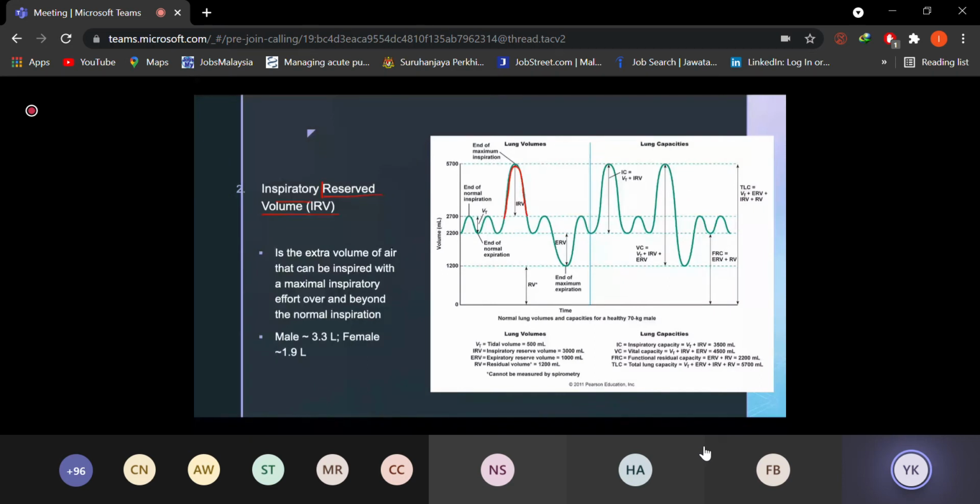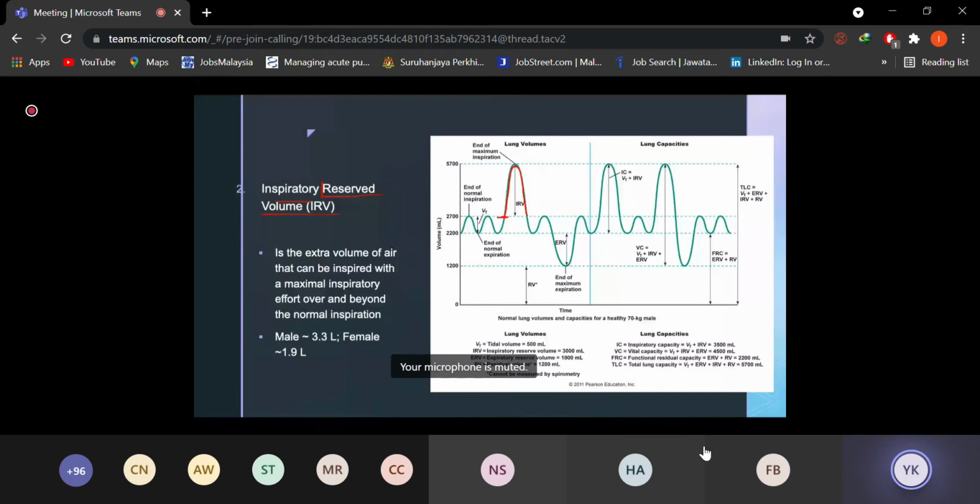This is a normal inspiration range. You exhale normally, inhale normally, and once you have inhaled normally, you force yourself to inhale more. That will be the inspiratory reserve volume.